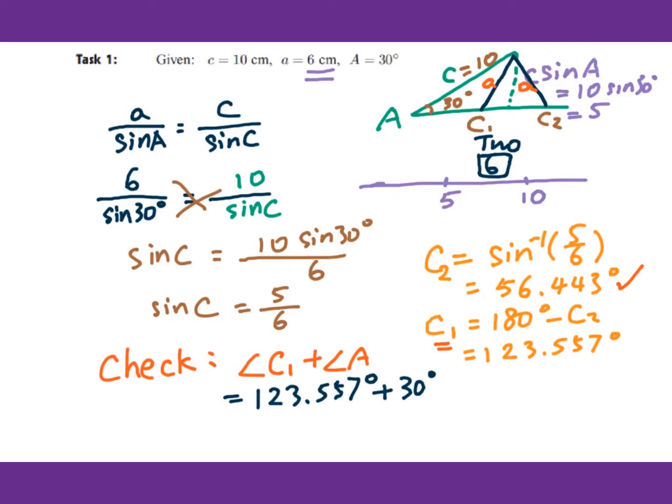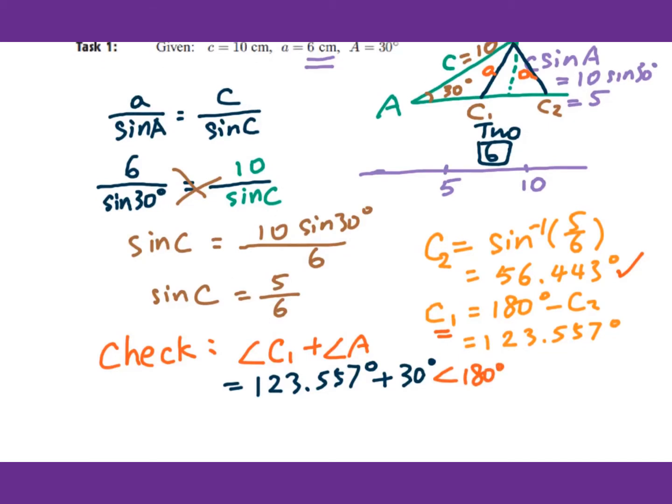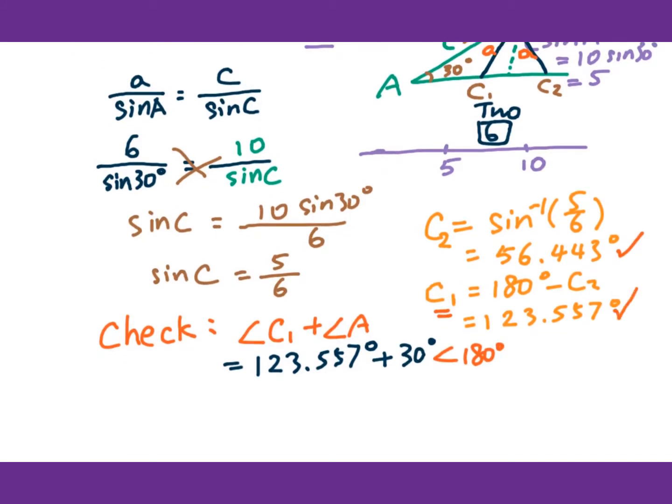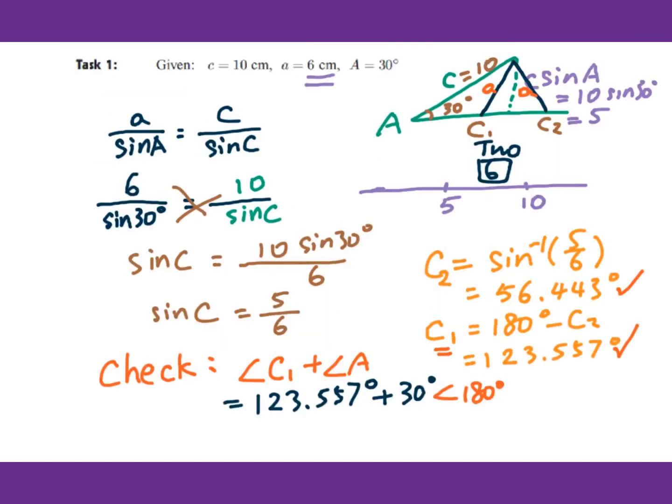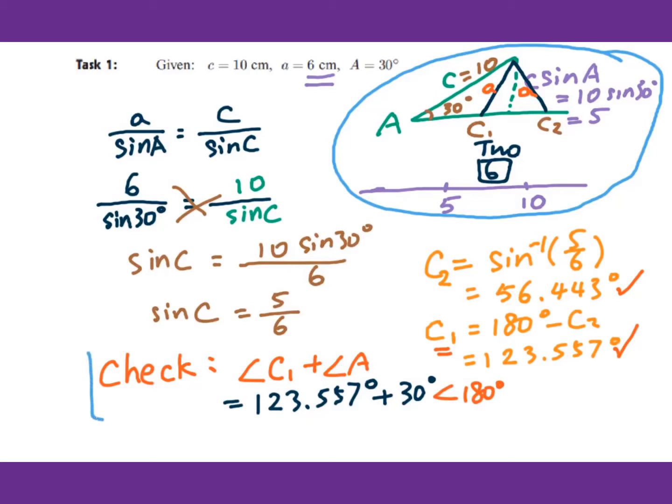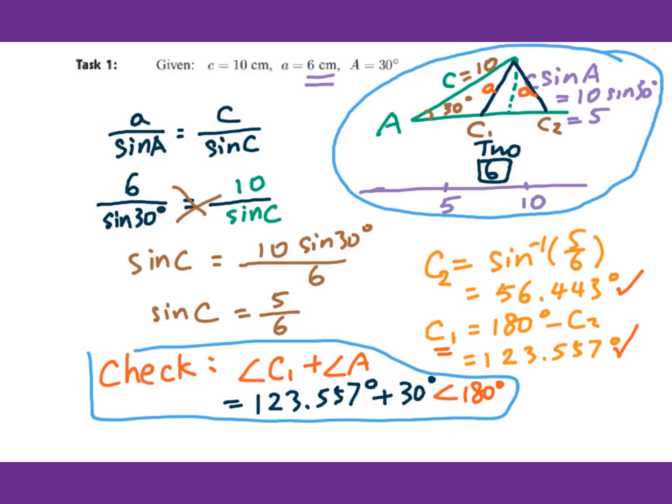We got this value less than 180 degrees, which means c1 is good. Normally, when I do this kind of problem, SSA pattern, I will use this diagram to estimate how many triangles you can form. And at last, I normally use this to check, did I get the correct estimation?